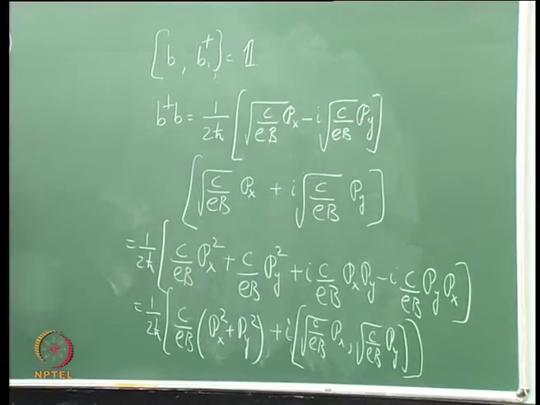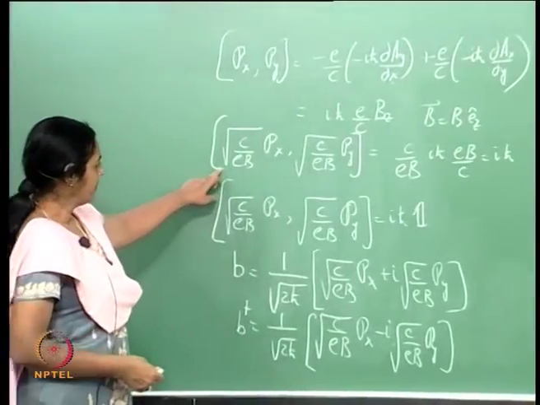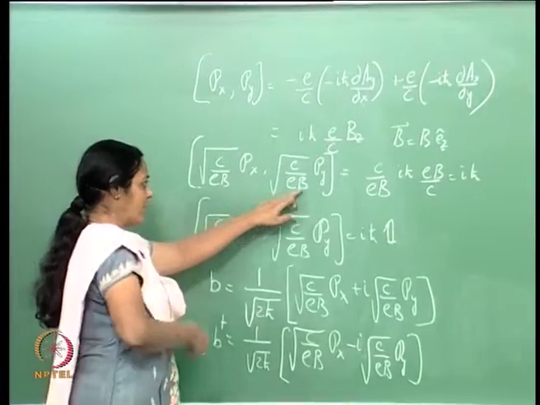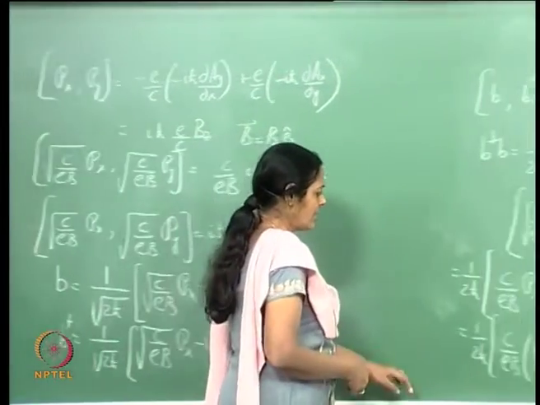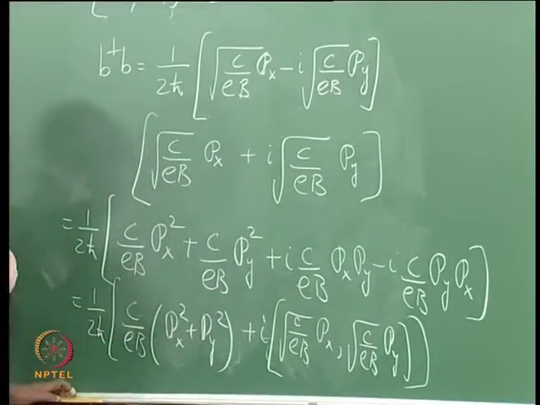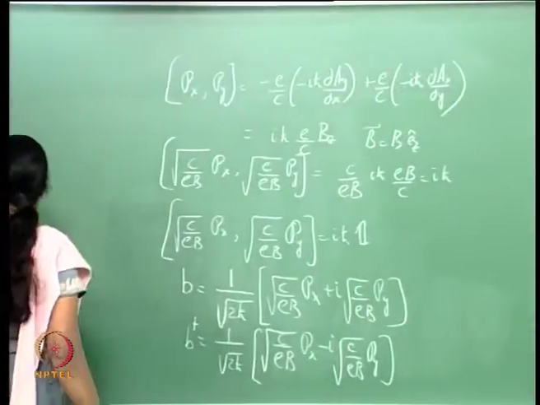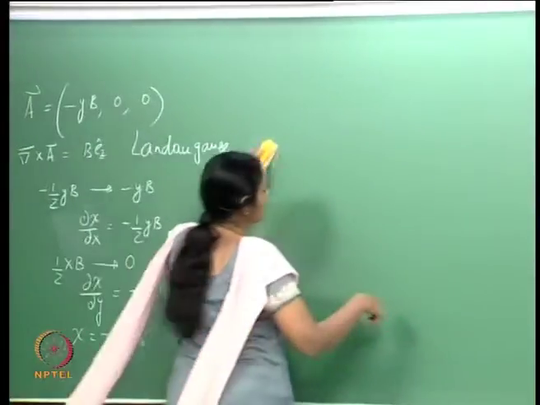I already know what that commutator is. We have got that here. Root of C by EB Px commutator with root of C by EB Py is merely Iħ. Therefore, I can substitute Iħ there. What do I get then? My final answer is quite simple. Let me write that here.